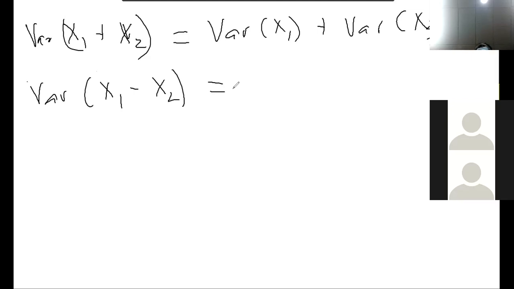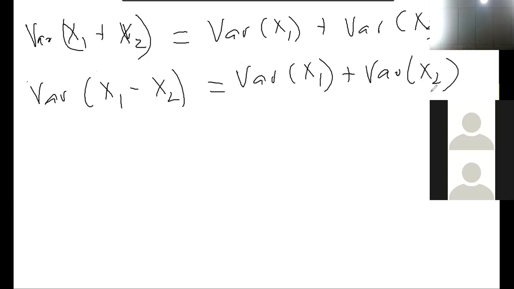Variance of x1 minus x2. It is the same. Variance of x1, do we write plus or minus here? This is what I'm checking. Should we say plus (-1) squared, right?